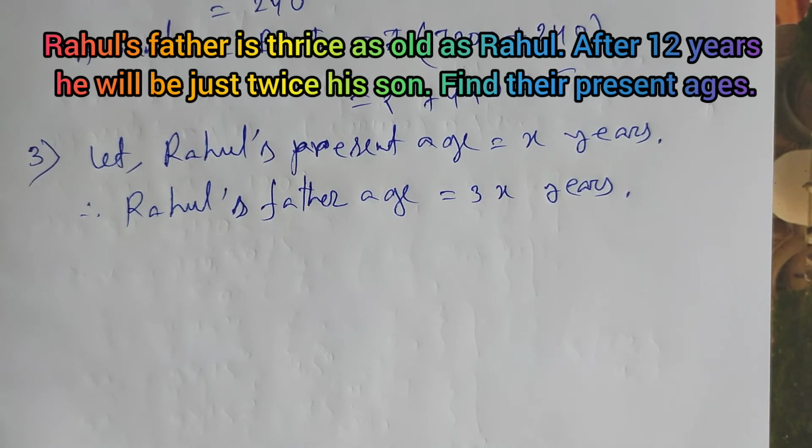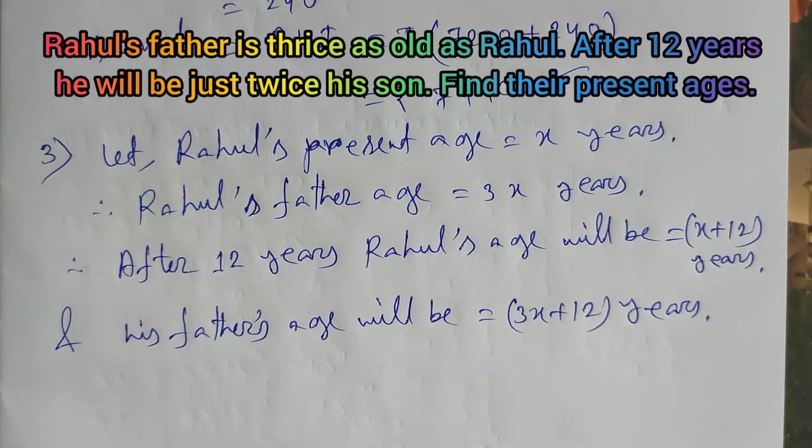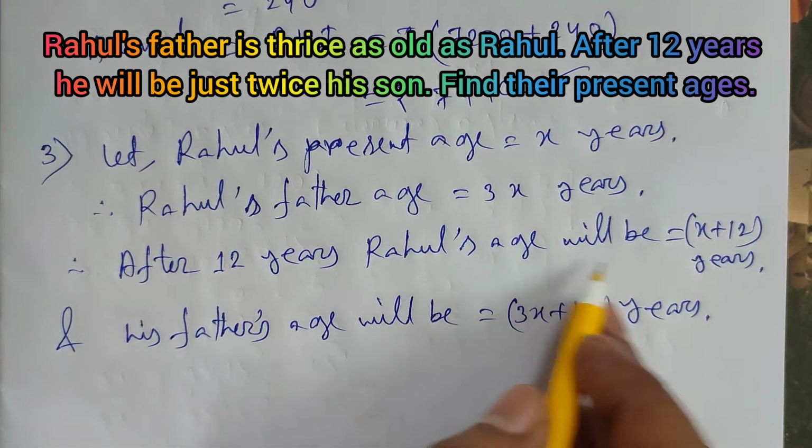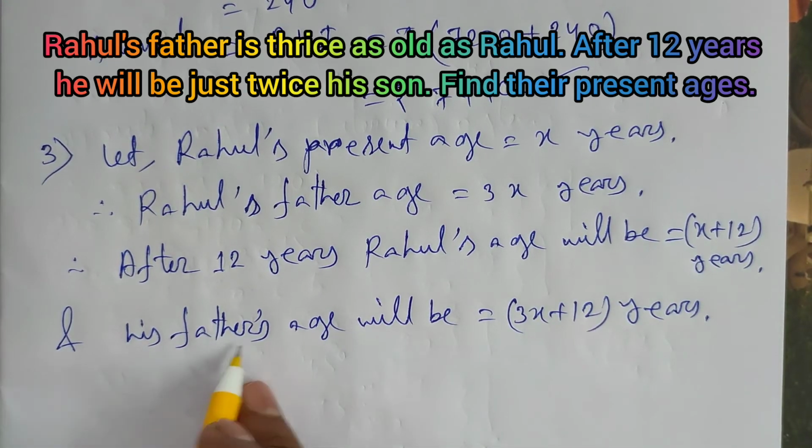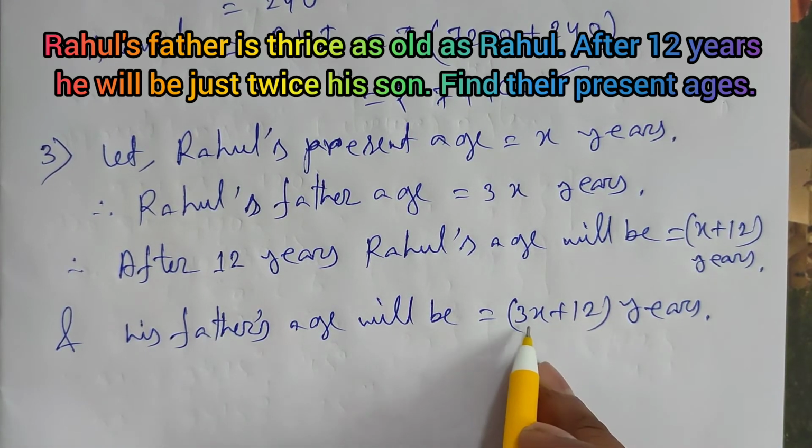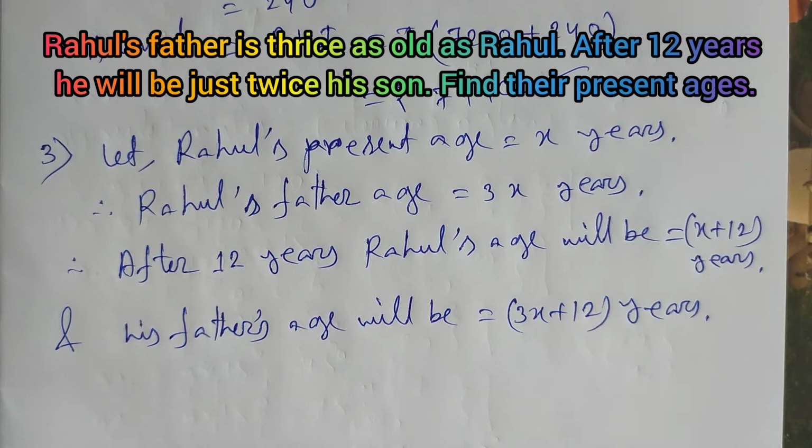And here it is written after 12 years. So we need to find out after 12 years what will be the age of Rahul and his father. After 12 years, Rahul's age will be x plus 12 years and his father's age will be 3x plus 12 years. And here it is written, after 12 years he will be just twice his son.